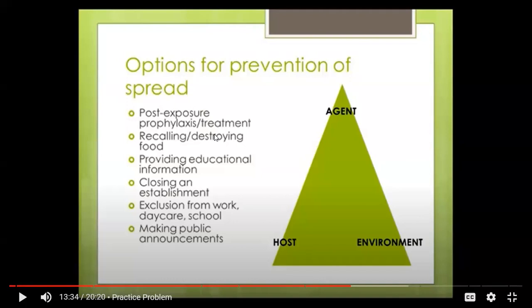Respiratory hygiene is also a way of preventing the spread of infection, or providing educational information, closing the establishment, and also exclusion from work, daycare, and school, and making public announcements. So these are the different ways we can prevent or stop the spread of infection.